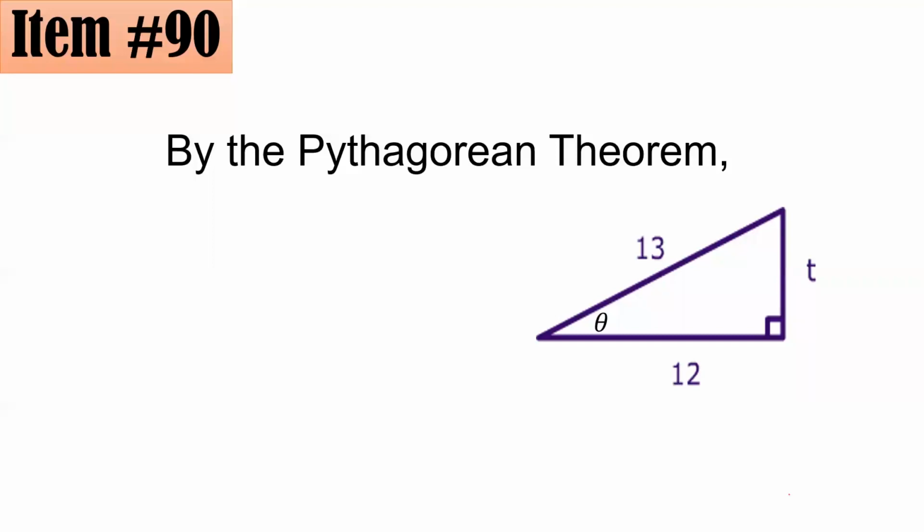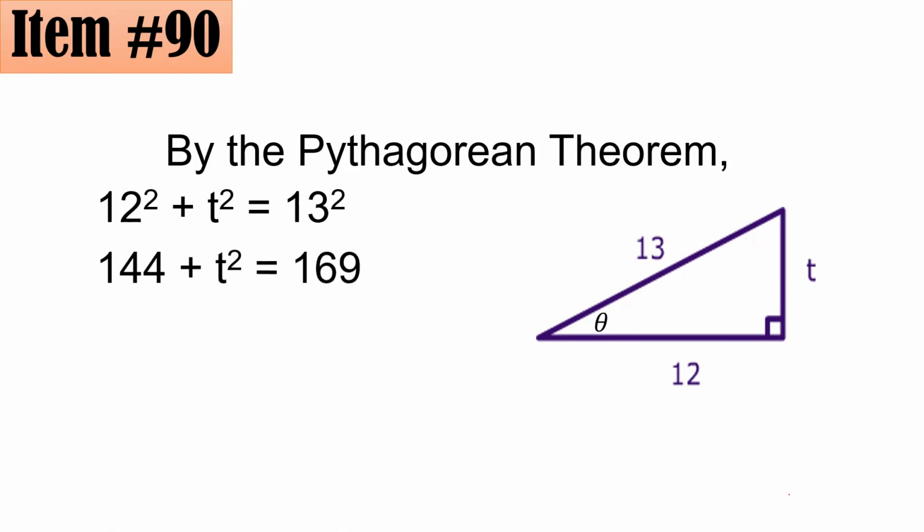So let's represent the missing side by T. By the Pythagorean theorem, that's 12 squared plus T squared equals 13 squared. And that simplifies to 144 because that's 12 squared, and 13 squared is 169. So 144 plus T squared equals 169.